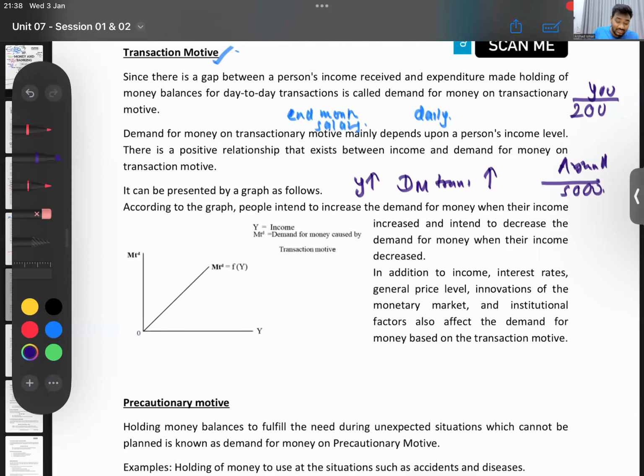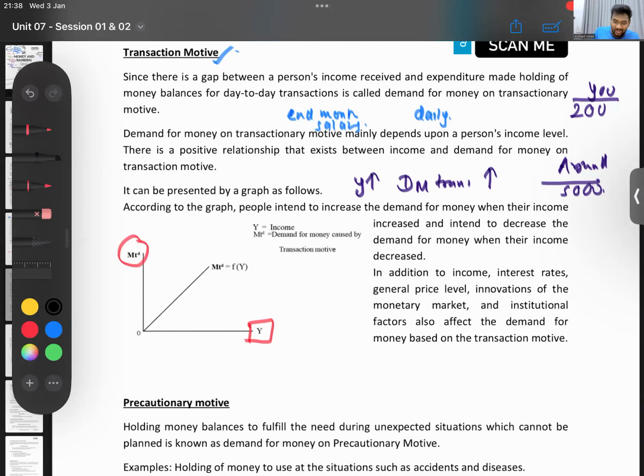So look at how the diagram curve looks like. On this axis you have demand for money, on this axis you have income. Income and demand for money, what type of relationship? Demand for money under transaction motive and income, positive relationship.